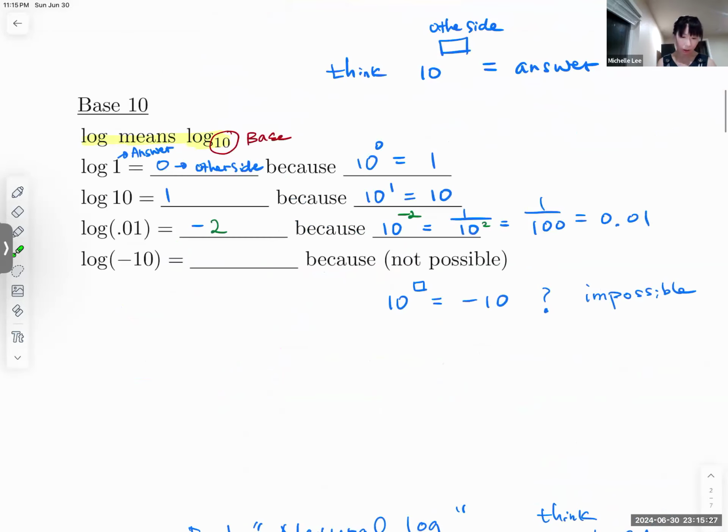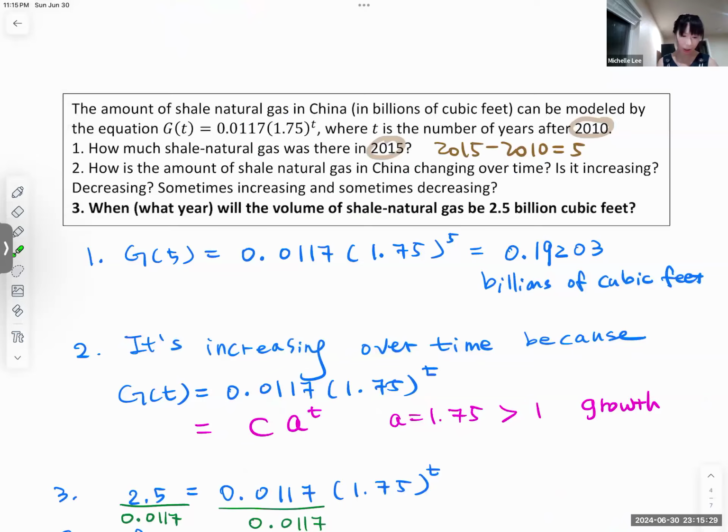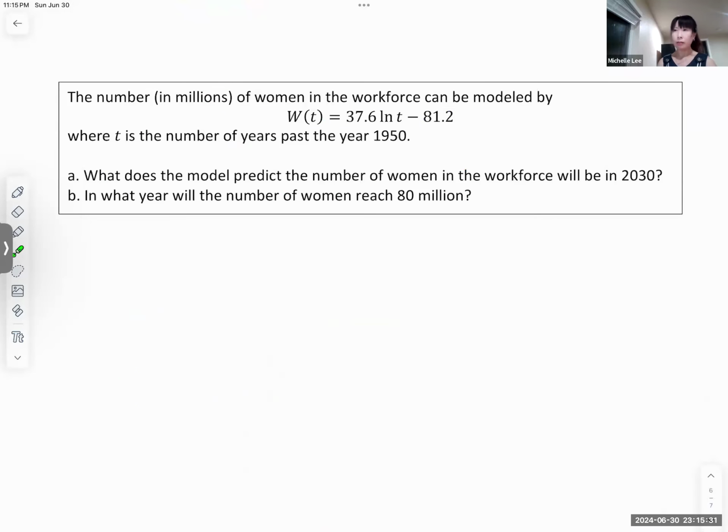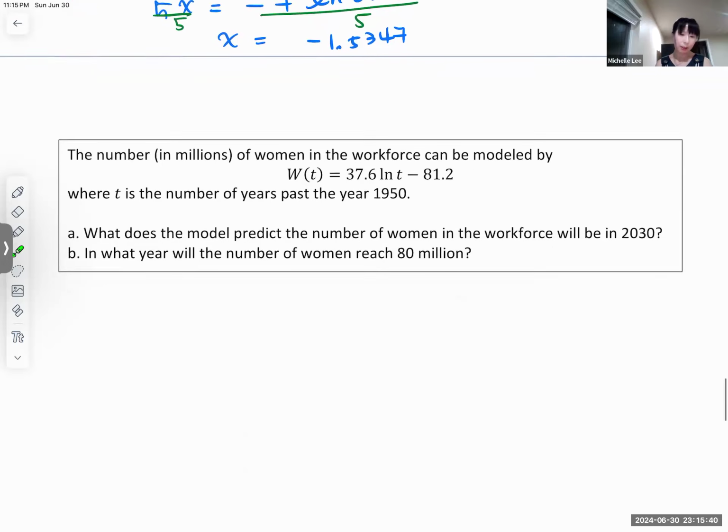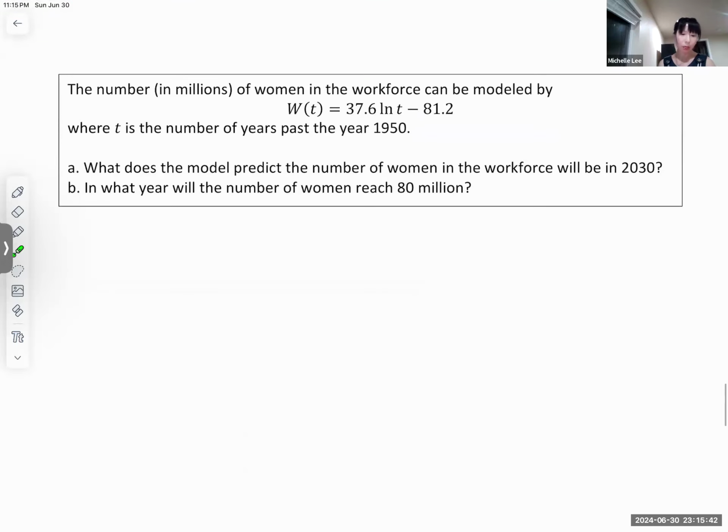Almost done. So last question, I think. Here, the number in millions of women in the workforce can be modeled by W of t equal to 37.6 natural log of t minus 81.2, and more information there, right?